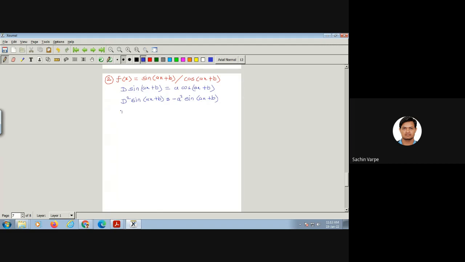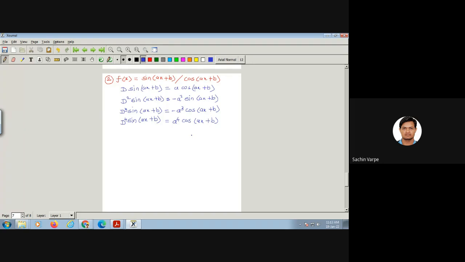If we take one more derivative, D cube, what will it be? Minus a cube cos. D raised to 4 will be minus minus plus a raised to 4 cos ax plus b. Yes or no?